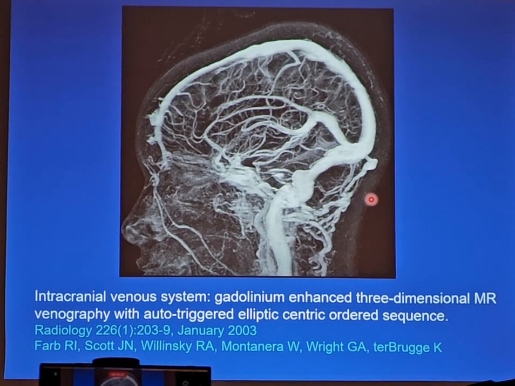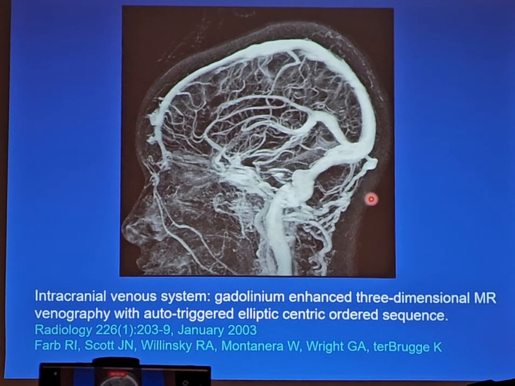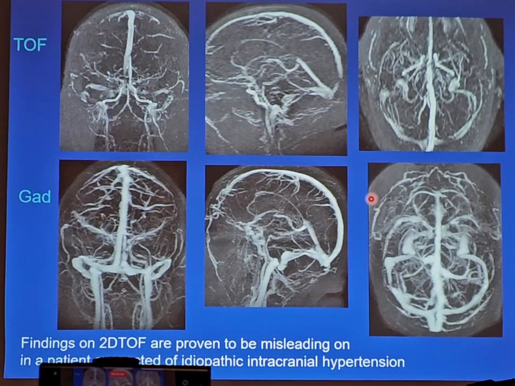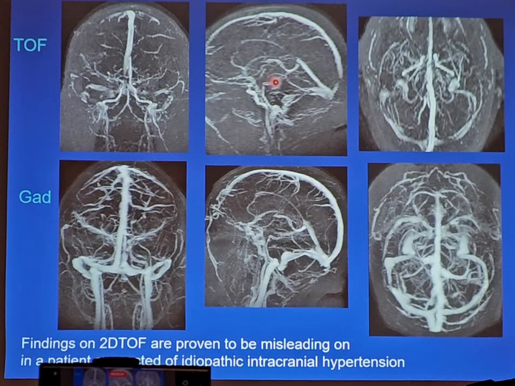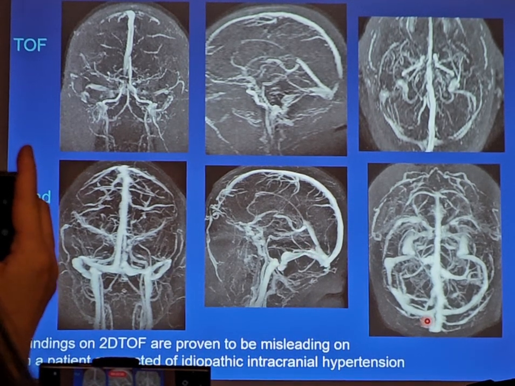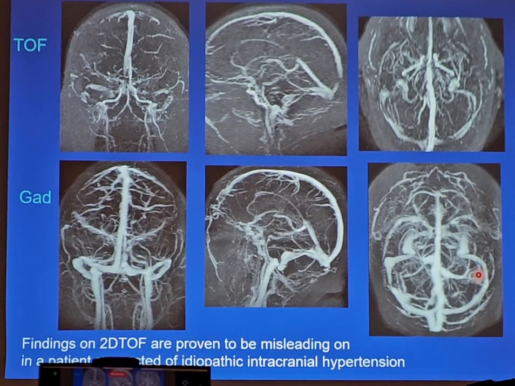And he was very keen on, if you really want to see it properly, you have to do contrast-enhanced MRI imaging, as opposed to what many people do, this time-of-flight type of imaging, which gives you all kinds of chances of misinterpretation of findings that are clearly shown to be normal when you use contrast-enhanced in the same patient.